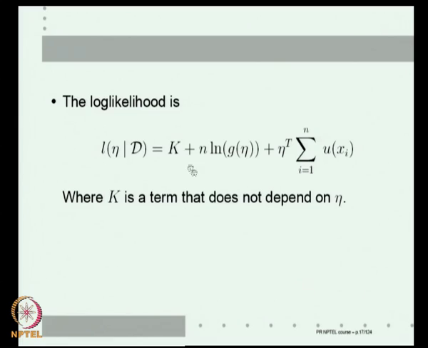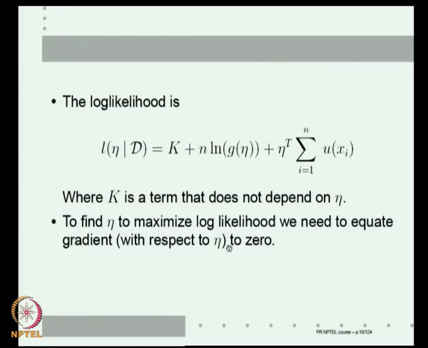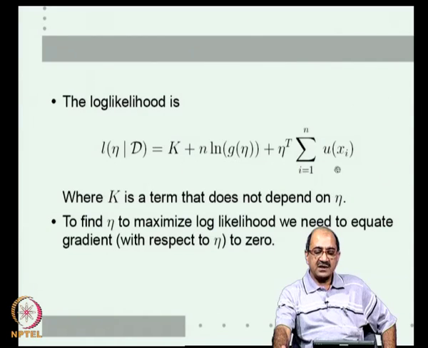Now, to find the ML estimate, I have to maximize the log likelihood. So, to maximize the log likelihood, we take the gradient of this with respect to eta. Remember that eta could be a vector. So, in general, we take the gradient of this with respect to eta and equate it to 0. So, if I take the gradient, this term will go, I get n times gradient of ln g eta and I get summation u x I when I take the gradient with respect to eta.